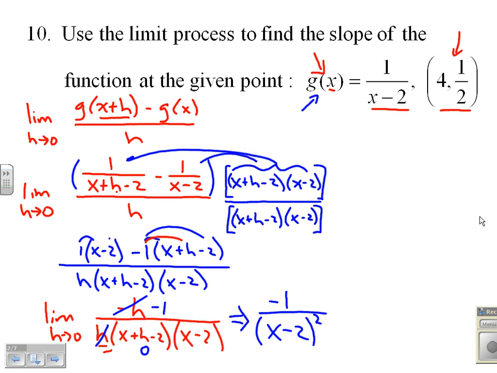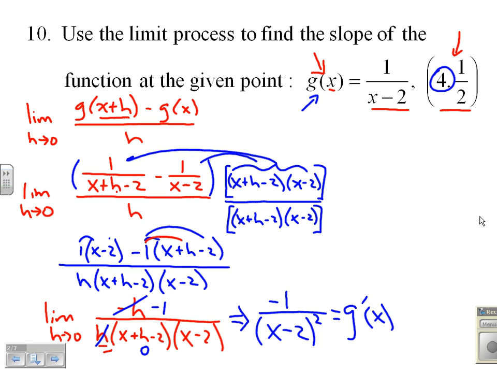We could call it the slope formula, we could call it the derivative, and we could notate it by calling it g prime of x. And we'd say the derivative, or the slope formula, of g is negative 1 over x minus 2 squared. So that's our slope at any given point x.